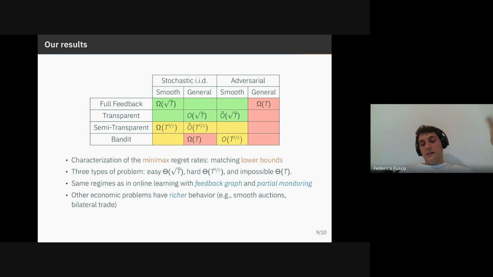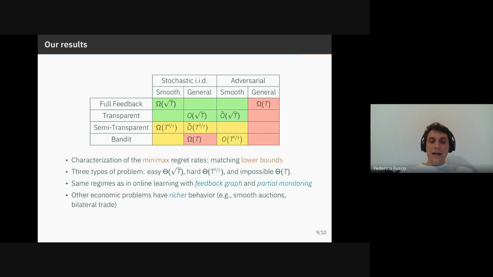Okay. Another interesting feature is given by the exponents of the regret rates. Because square root T, T to the 2/3, and T are the same rates that we recover in other famous online learning problems, namely online learning with feedback graphs and partial monitoring.